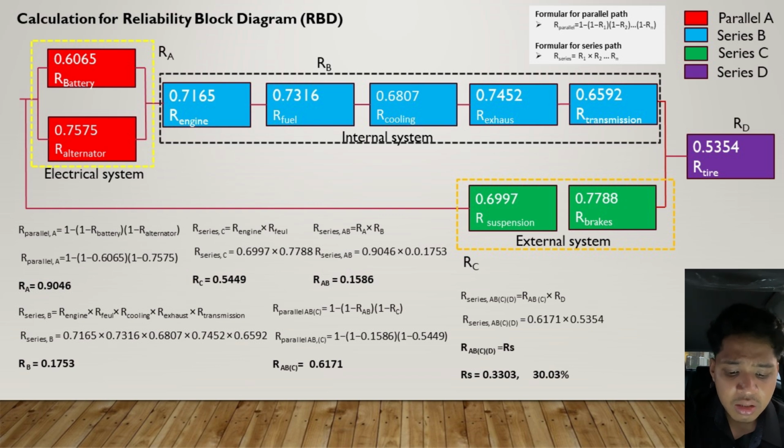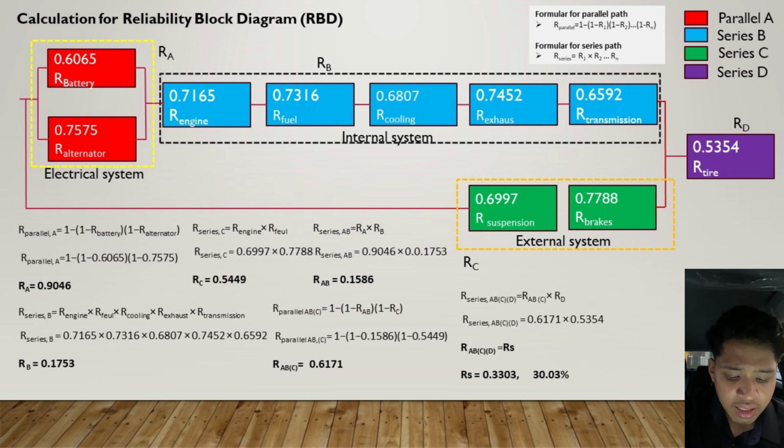So RA we get 0.9046, and then we calculate RB. For RB in series we get 0.1753, and then we multiply RA by RB and we get RAB, 0.1586.